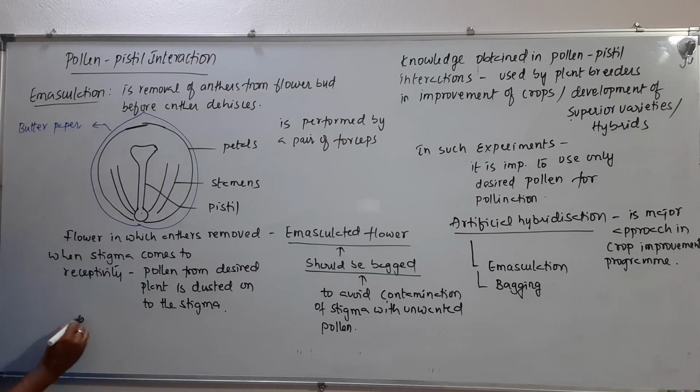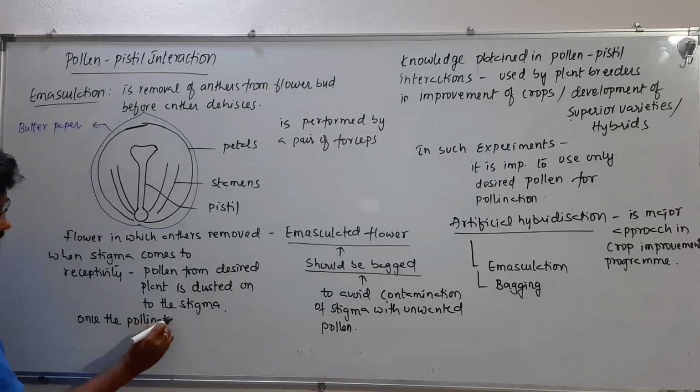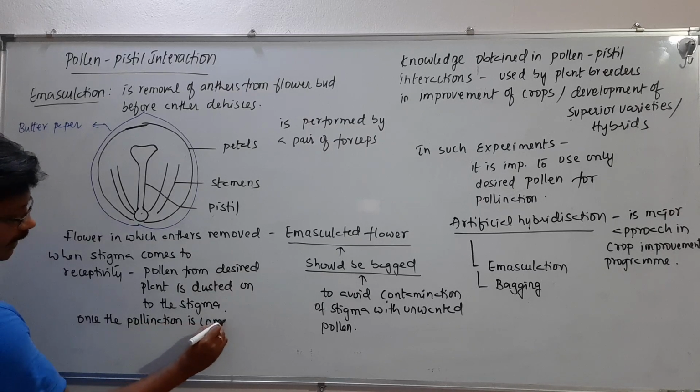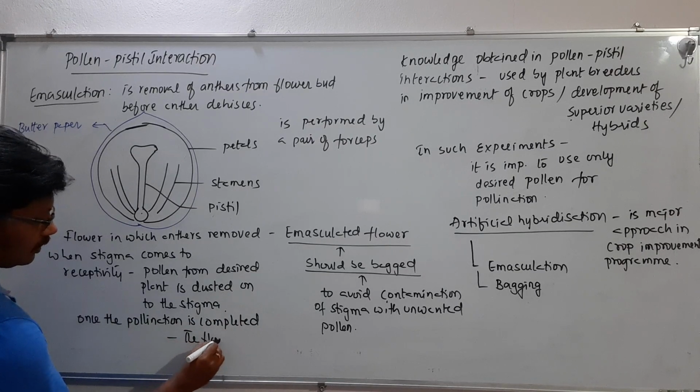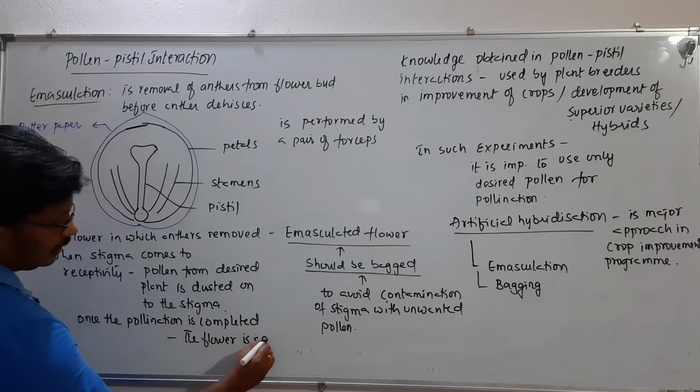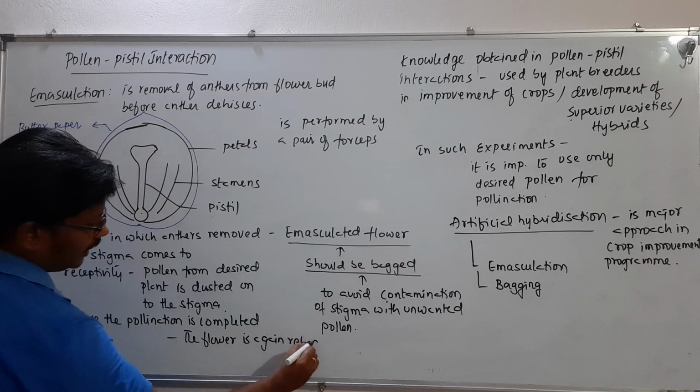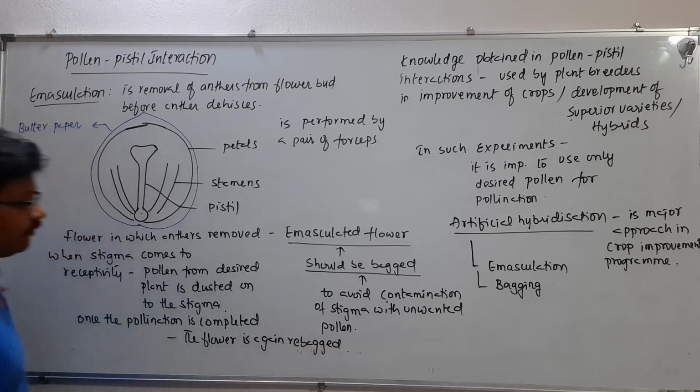So once the pollination is completed, the flower is again rebagged. The flower is again rebagged till it forms the fruits or seeds. So this is how we perform artificial hybridization.